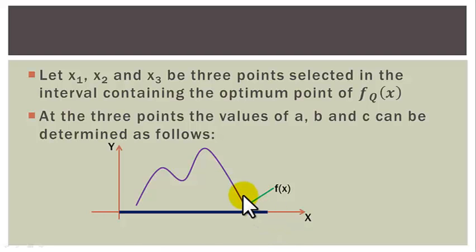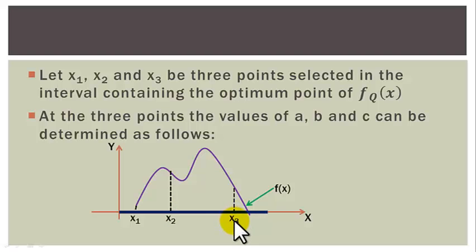Now we want to approximate this function f of x by a quadratic function, and to do this we are selecting 3 points in this interval. We select the first point here x1, and the second point here x2, and then the third point here x3.